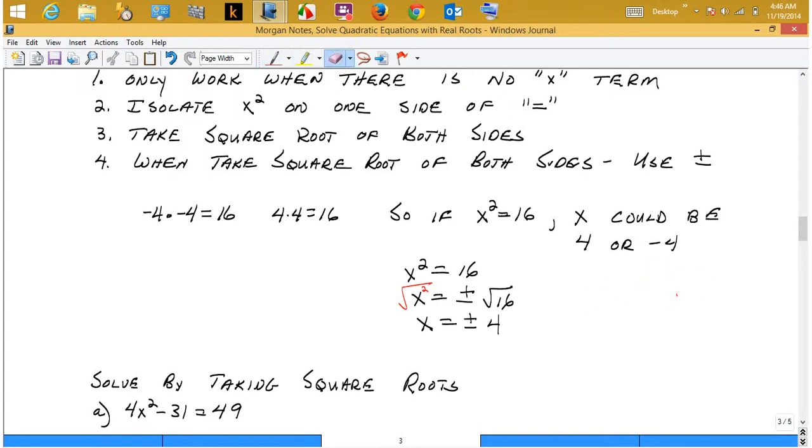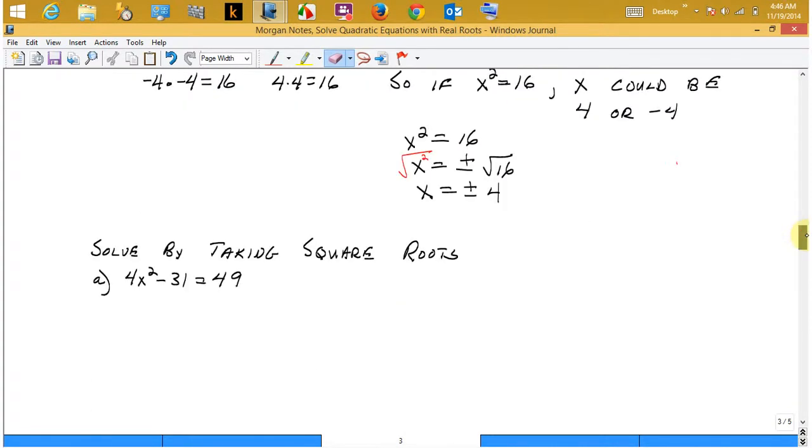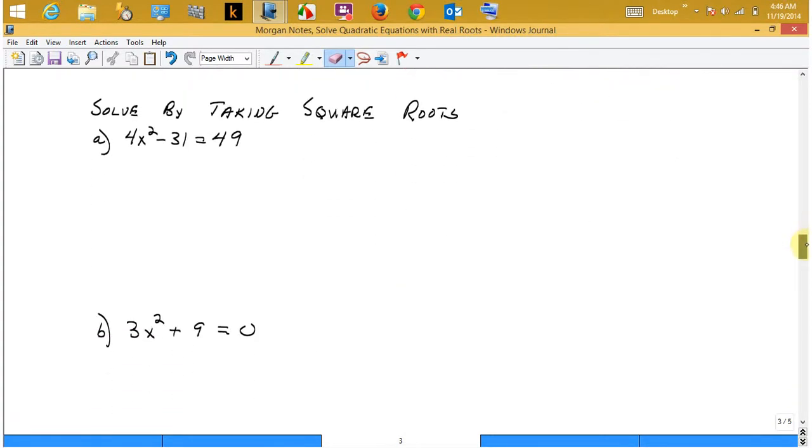Okay, so this is special for the plus or minus when we're actually solving quadratic equations. So let's see a couple of examples of this. Here's the first one. We have 4x squared minus 31 equals 49, and we need to get this to be x squared equals. So the first thing I'm going to do is add 31 to both sides.